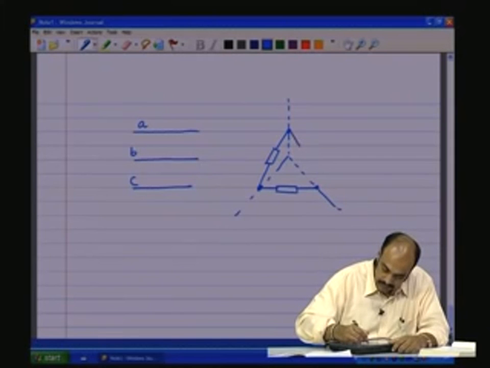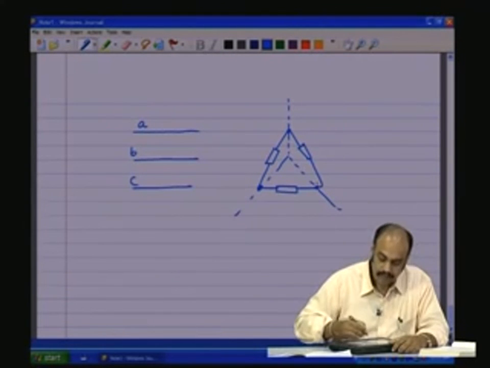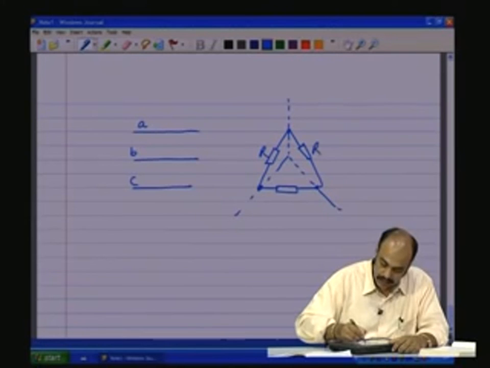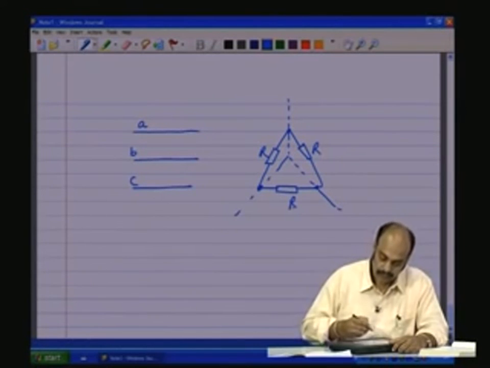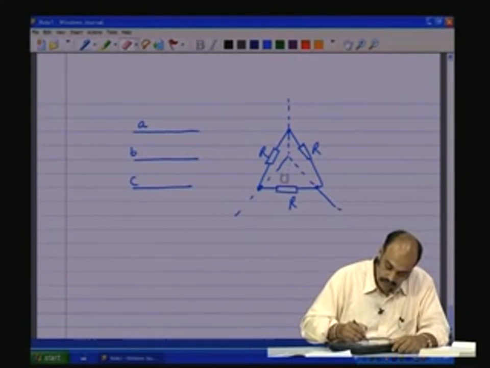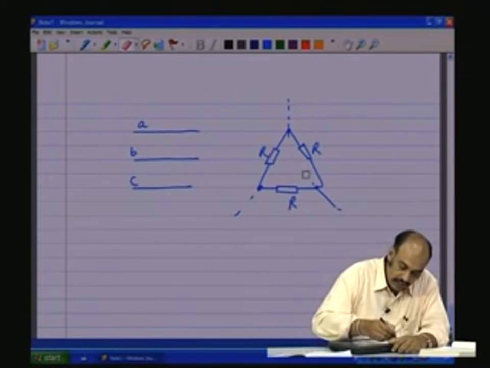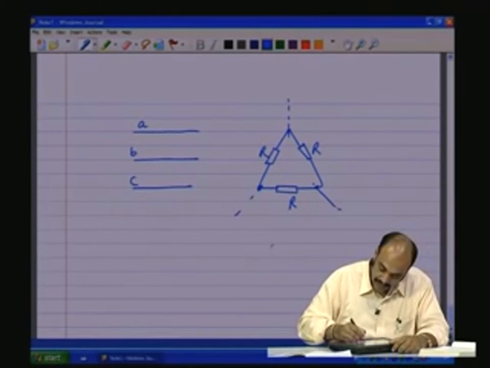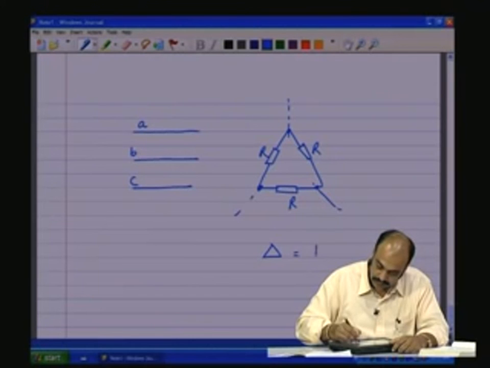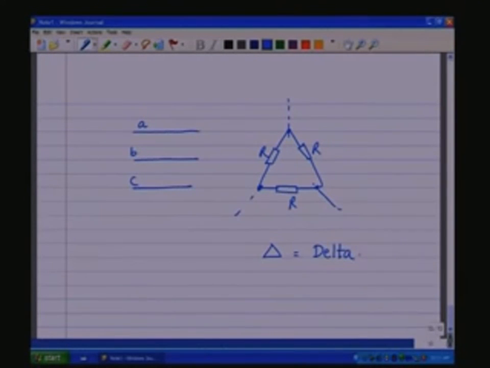Like this, R, R, R. So, this type of circuit looks like a delta, the Greek letter delta, and the lines can be connected as shown like this.